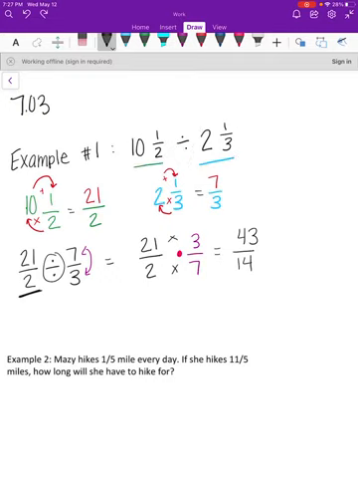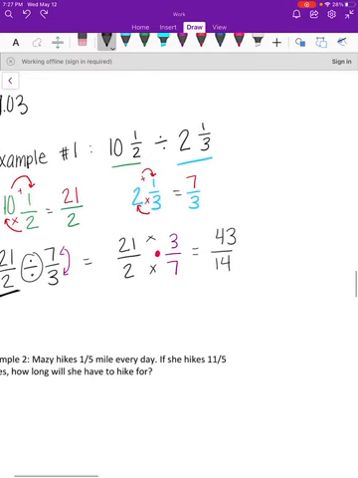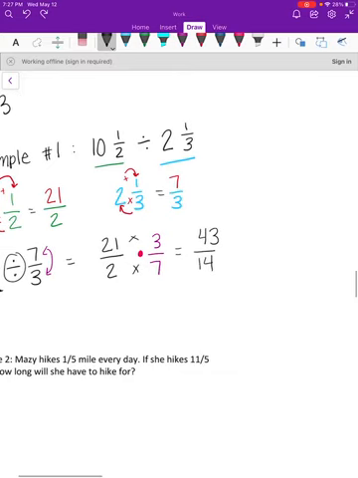And how we do that is we're actually going to divide 43 by 14. So I'm going to do 43 divided by 14. And I'm going to think, okay, how many times does 14 go into 43?